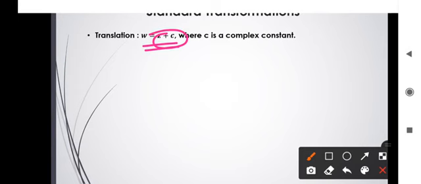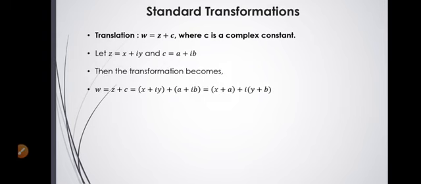We can add the real parts and the corresponding imaginary parts. So z plus c, that is w equal to z plus c, becomes x plus a as the real part and y plus b as the imaginary part.